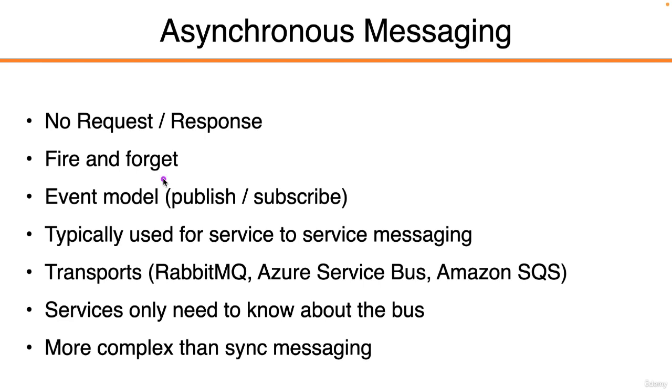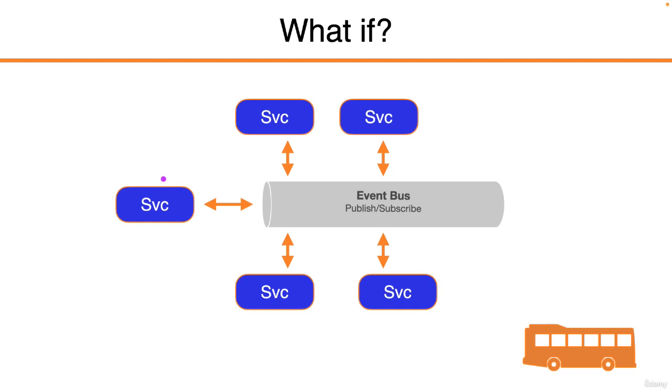Because there are consequences to messages not being delivered, of course, and each one of these messages is something that we'd need to think about. So what if our event bus went down? Have we introduced a single point of failure into our application by using this model? Well, yes and no. If our event bus has gone down, then for sure our different services can no longer communicate with each other.